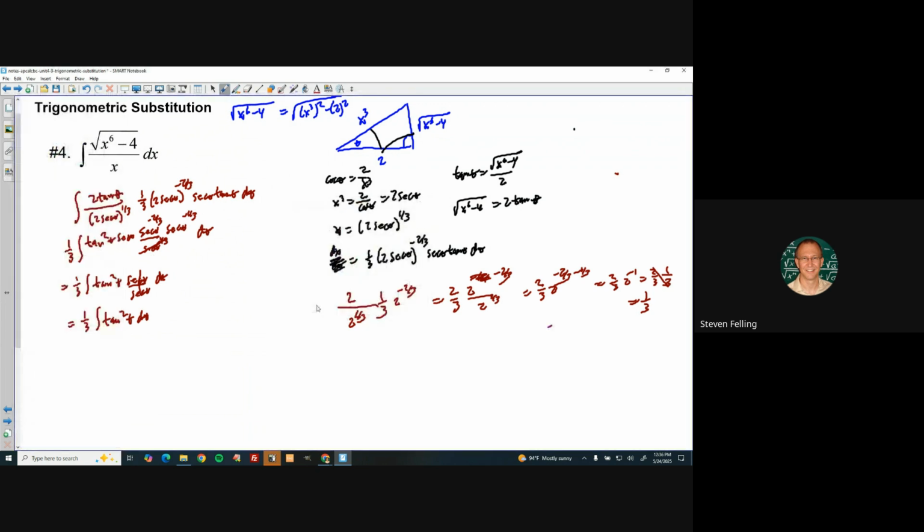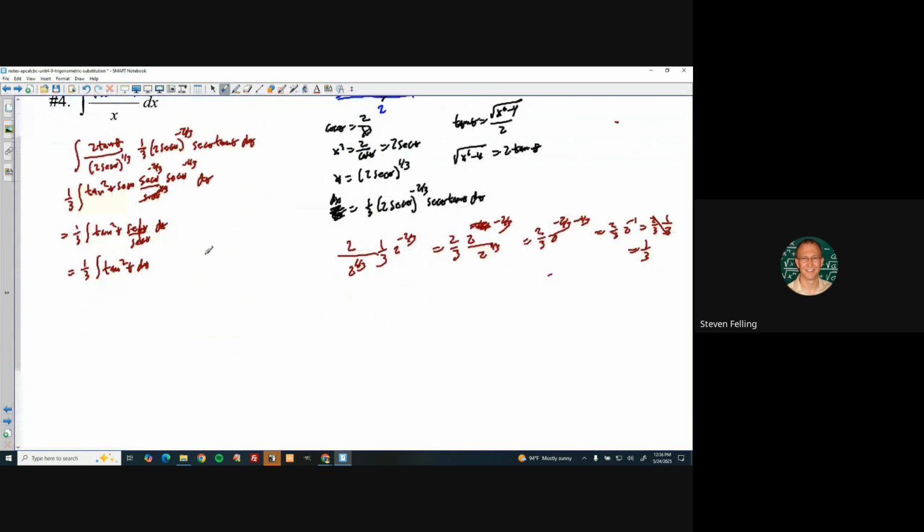So what if I said, I know that sine squared plus cosine squared is 1, so when I divide everything through by, actually I need a tangent, so let's divide everything through by cosine squared. That's going to give you tangent squared plus 1 is secant squared. So tangent squared can be replaced with secant squared minus 1.